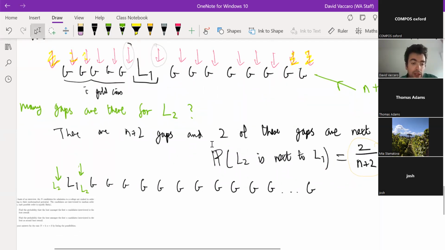Because notice we're only fixing the position of L1 relative to the gold coins. We're then asking where L2 is slotting into the rest of that list. So we can't say that we're not allowed to fix L1 as being at the start of the list of all the coins.